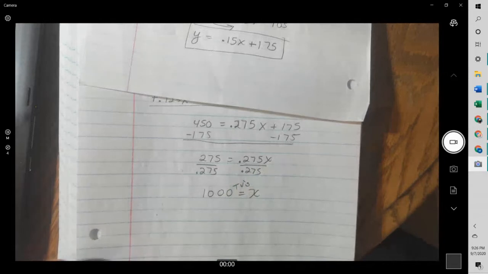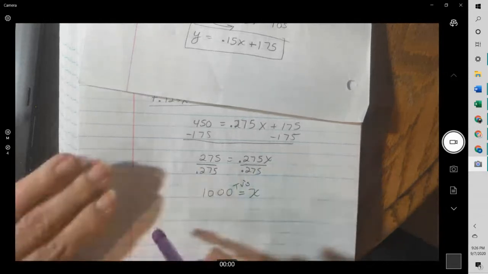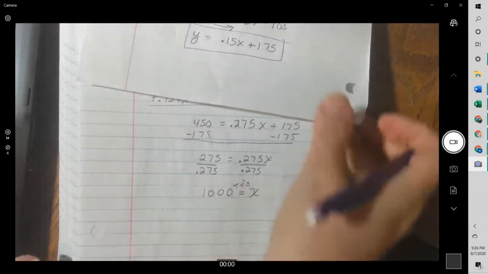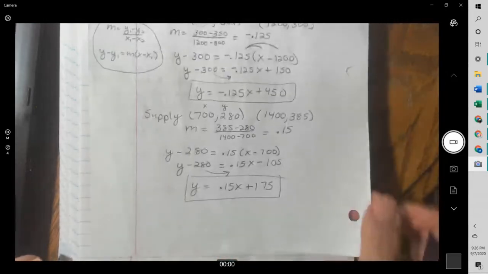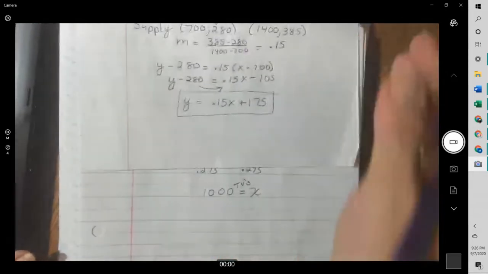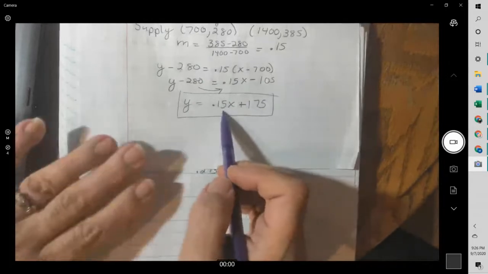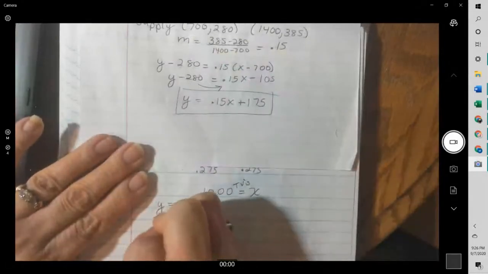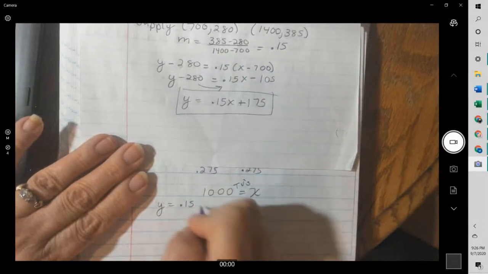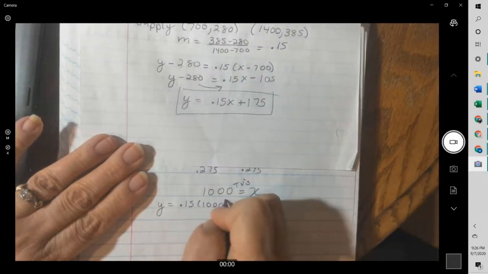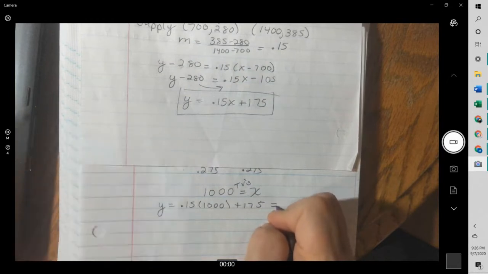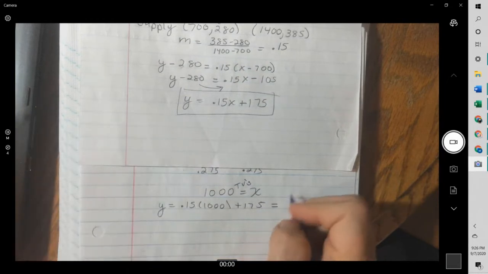To find the y value, the equilibrium price, we plug that into either one of the two equations. I'm going to use this one since it's showing. So y equals 0.15 times the 1,000 plus 175, which gives us 325.